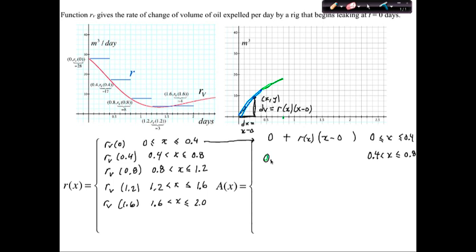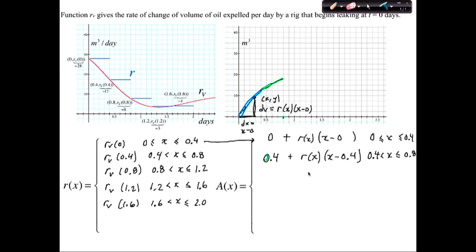Okay, 0.4 plus? Do you agree with that? Do you know you agree with that? Sure. Meaning you think there's a mistake, or you don't know at all?